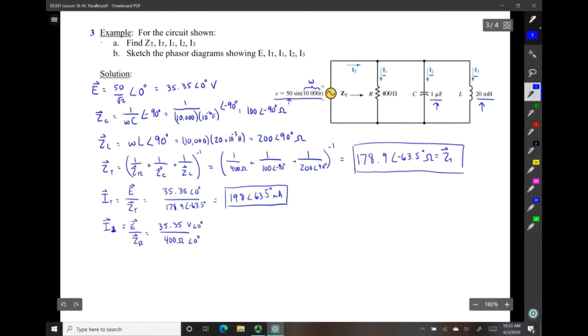Since both of those phase angles are 0, I didn't need to explicitly state them, but to be thorough, it's best to do so. And my resulting current for I1 would be 88.4 milliamps.